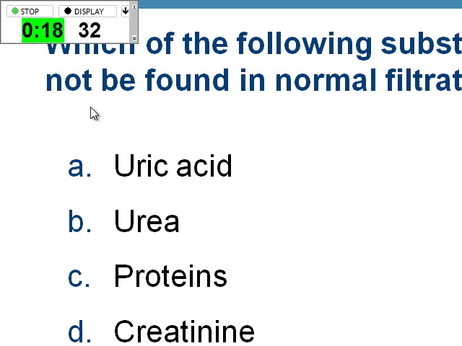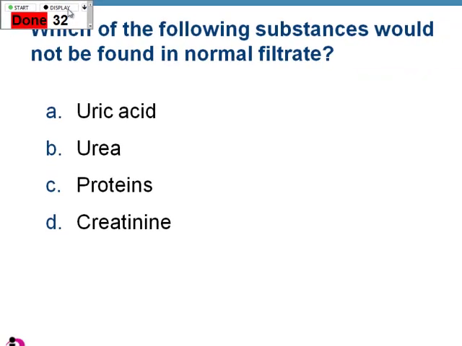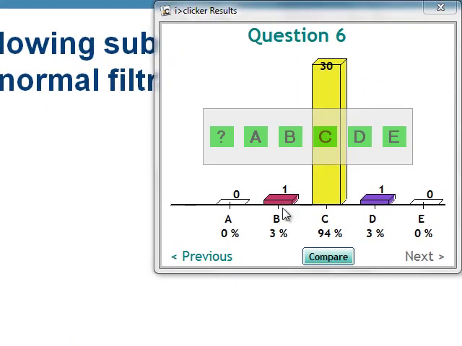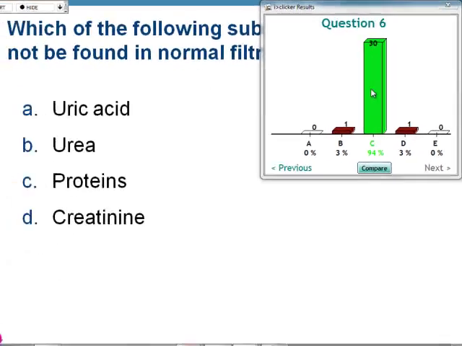Five, 4, 3, 2, 1. What's the answer? C, proteins. Remember, we don't want to find proteins in normal urine. If we find proteins, there's a problem. So C is the answer.